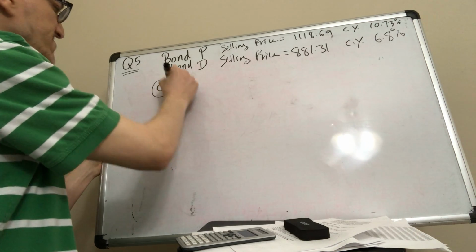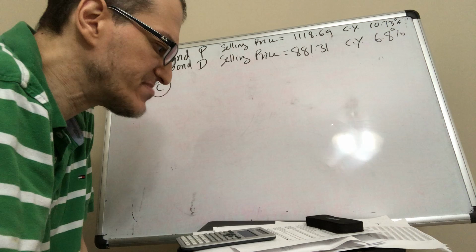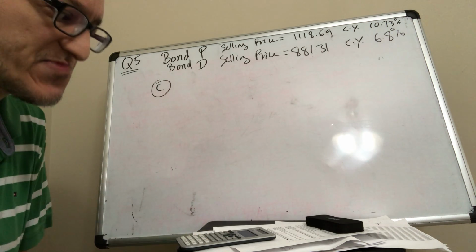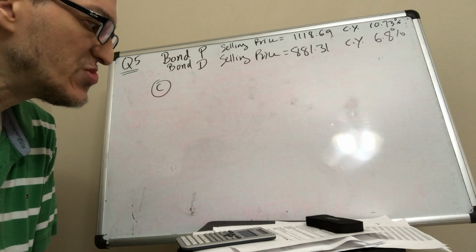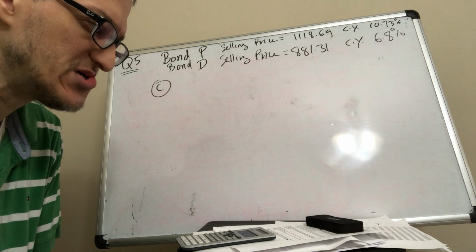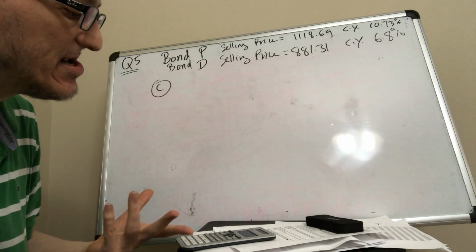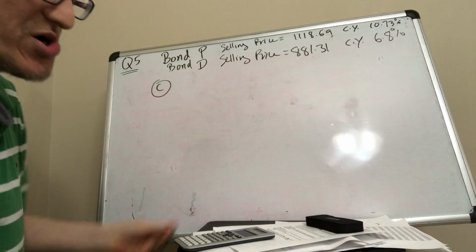In part C, assume the YTM is 8% instead of 9%. Which of the two is more sensitive to the change? This bond or this bond? But they say show work.